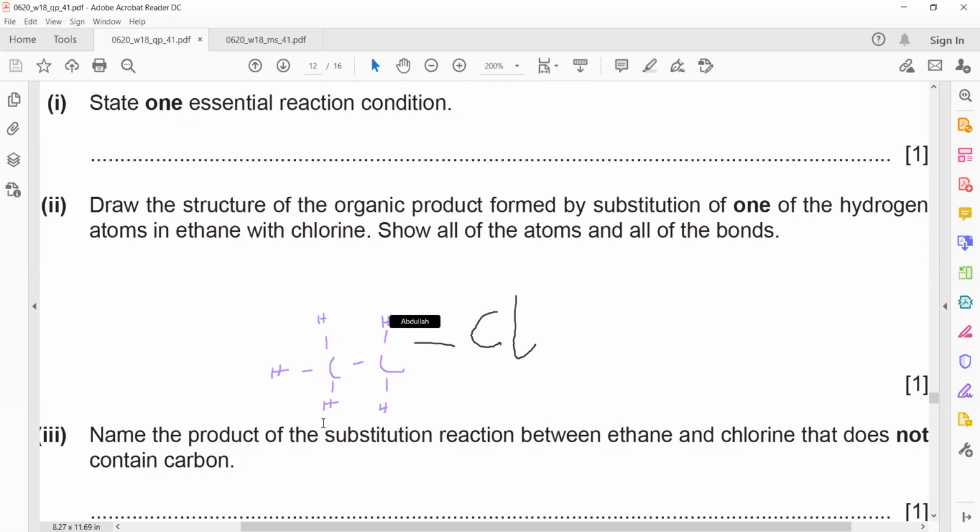Yeah, that's right. So one of the hydrogens is replaced by chlorine and you represent all the bonds.